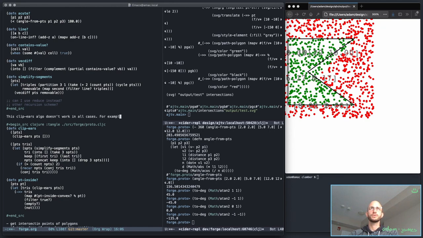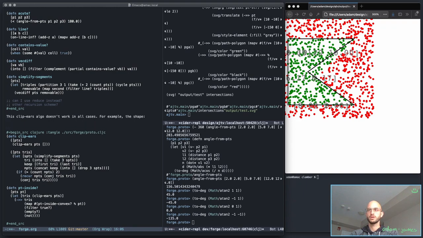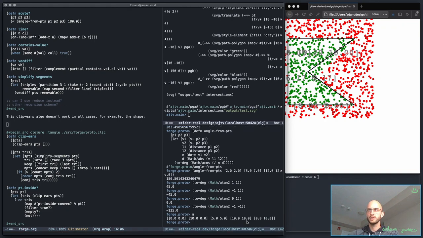For example, the shape, let me copy A here. Oh wait, that's not the right shape, is it? It is not.